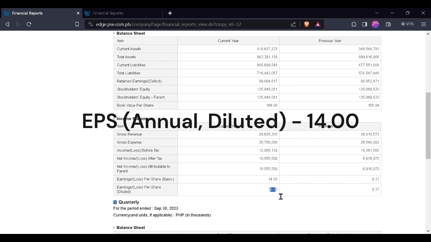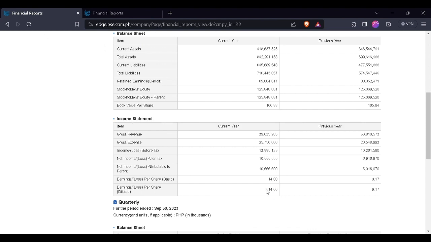Usually, we use the diluted EPS instead of the basic, because according to what I have read, everything's adjusted already. Other adjustments were made already for the computation. So you can use the basic or the diluted, but for our example, we'll just use the diluted EPS.